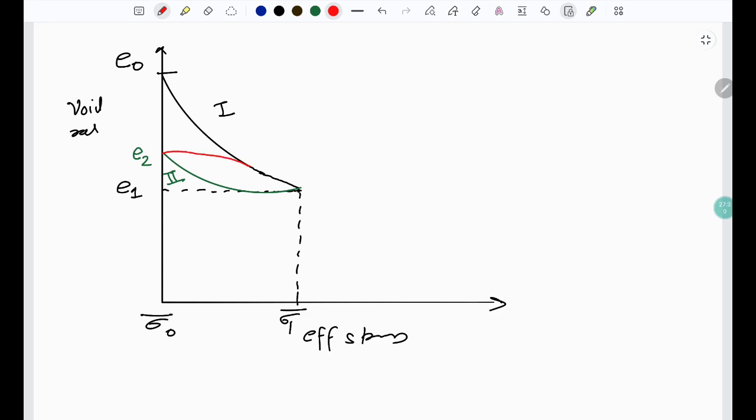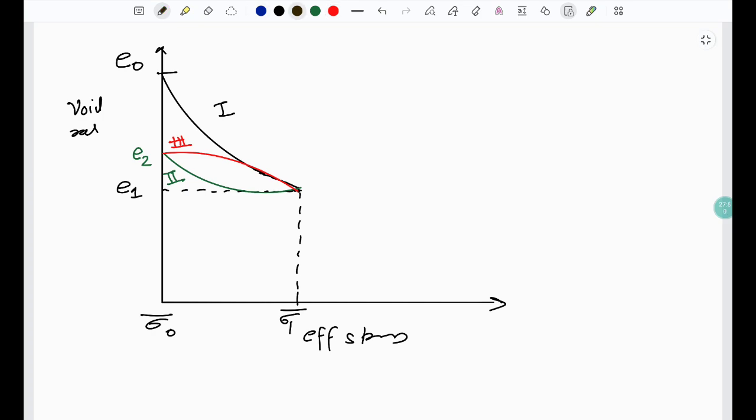a convex manner. So this third stage is called the over consolidation curve, because this soil has already been subjected to sigma 1 bar previously. So this becomes our third stage.